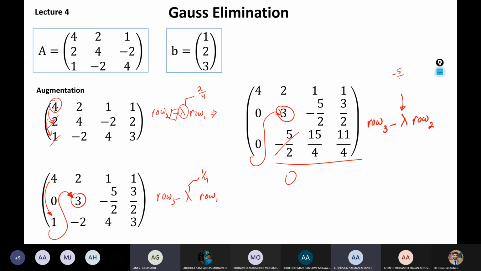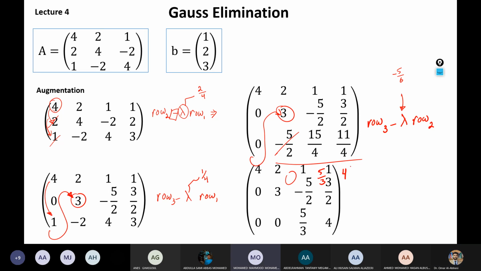Negative 5 over 2 all over 3, the same as negative 5 over 6. So that is 0. How much is this value? 5 over 3, Doctor. And that value? 4, Doctor. All right.